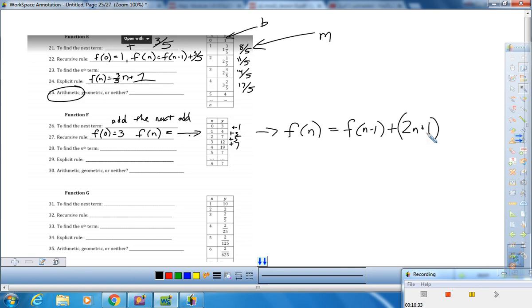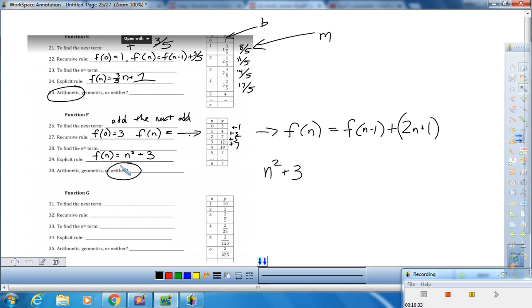To find the nth term, well, this is going to be n squared plus 3. So look, 0 squared is 0 plus 3. 1 squared is 1 plus 3. 2 squared is 4 plus 3. So f of n is n squared plus 3. We're going to learn more about that in the future chapters. And this is neither. It's quadratic.